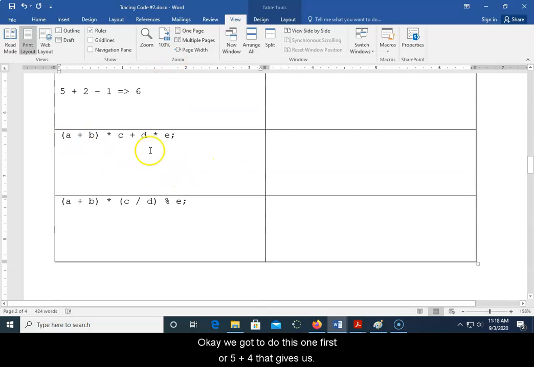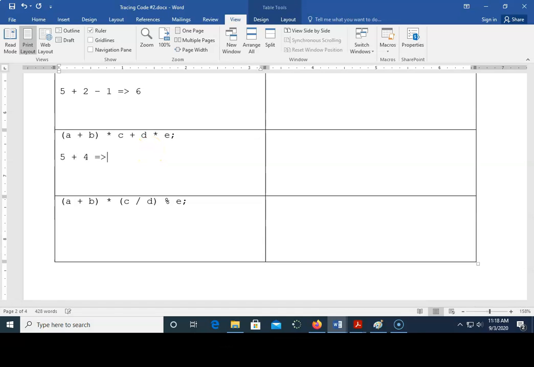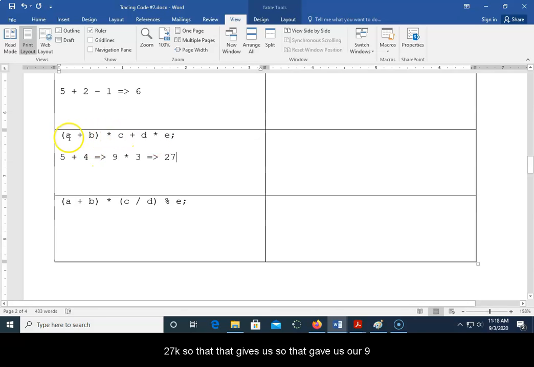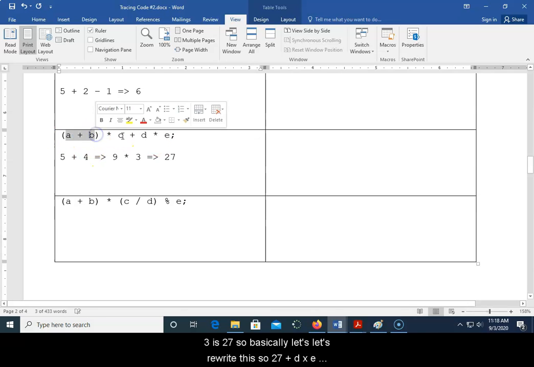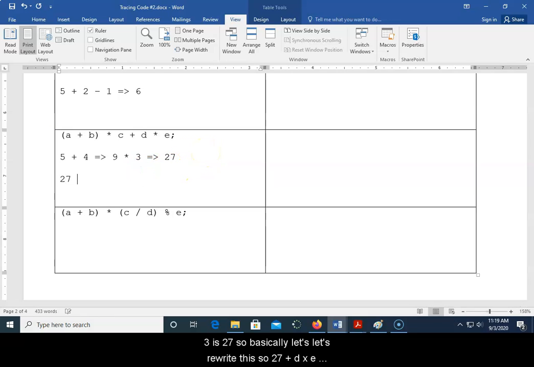Okay, we got to do this one first. So 5 plus 4, that gives us 9. So then we've got 9 times c, which is 3. And that gives us 27. Okay, so 9 times 3 is 27. So basically, let's rewrite this. So 27 plus d times e.